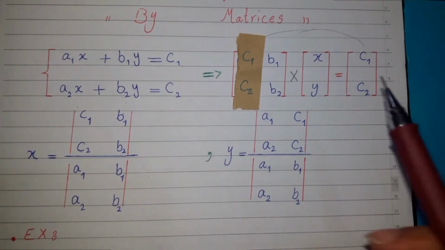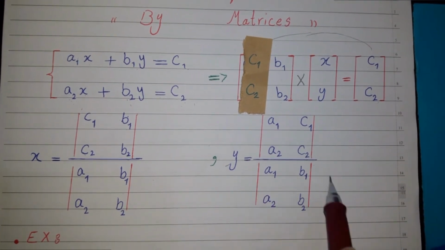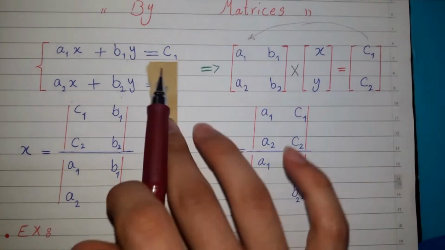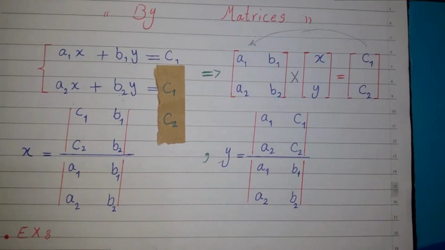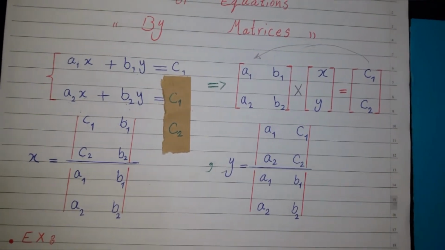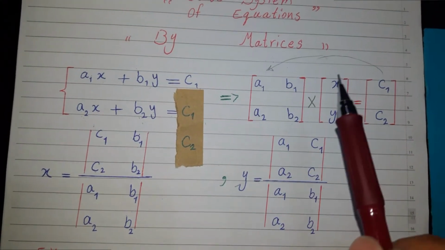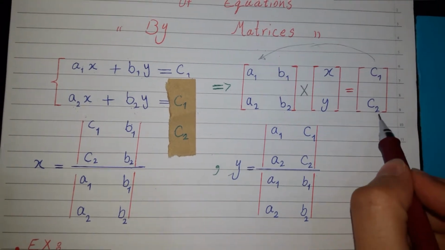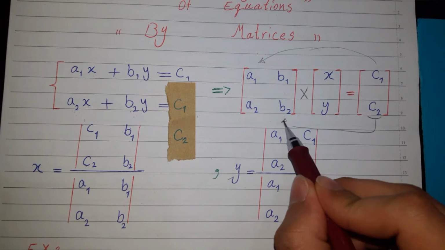Our numerator is the determinant of this matrix. For finding y, the denominator is the same, the determinant of the matrix of coefficients, but the numerator is different. This time we delete the second column and replace it by the column vector matrix of constants.